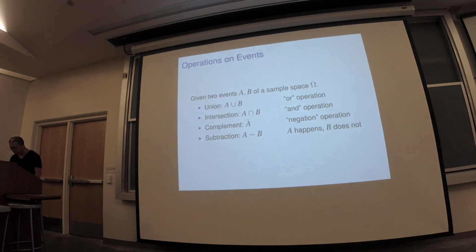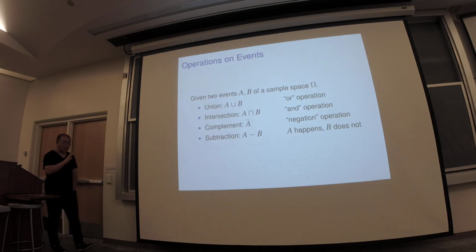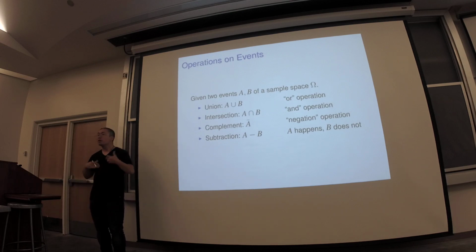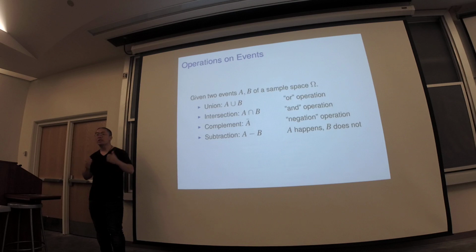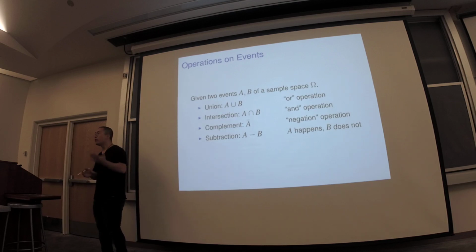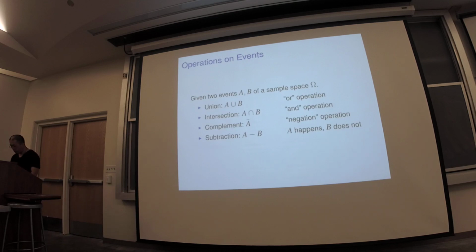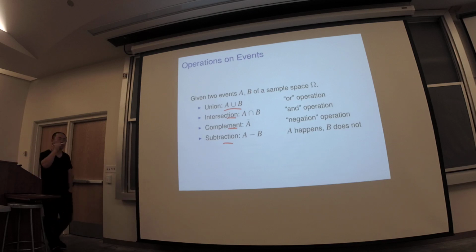Given several events, we can construct new events by using set operations. Here are the 4 commonly used set operations: the union, the intersection, the complement, and the subtraction. Correspondingly, for 2 events A and B, the union of A and B represents the event that A happens or B happens, meaning A happens or B happens or both happen.